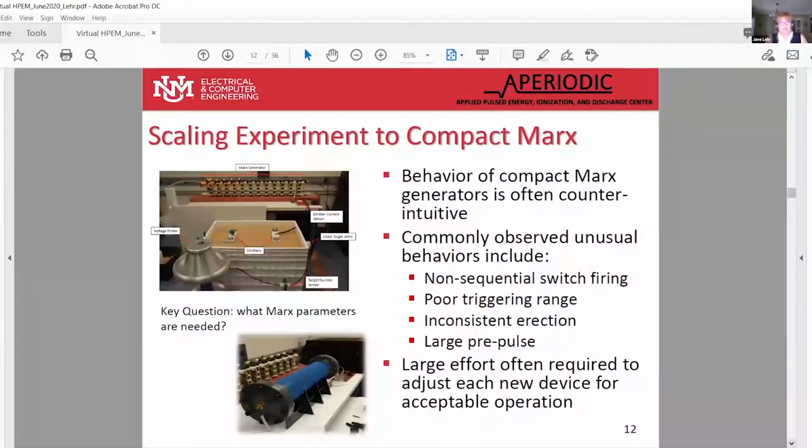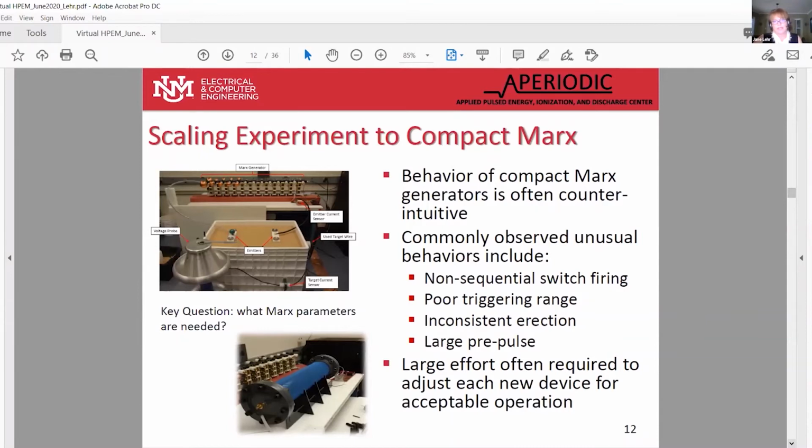So Cameron and I were working for his master's degree on an application, and we were using this. In fact, we were using the change in the Marx output waveform as a detection mechanism. That is, when the load changed, we could see that and react accordingly. So we were doing an experiment where we had what we called a reconfigurable Marx.